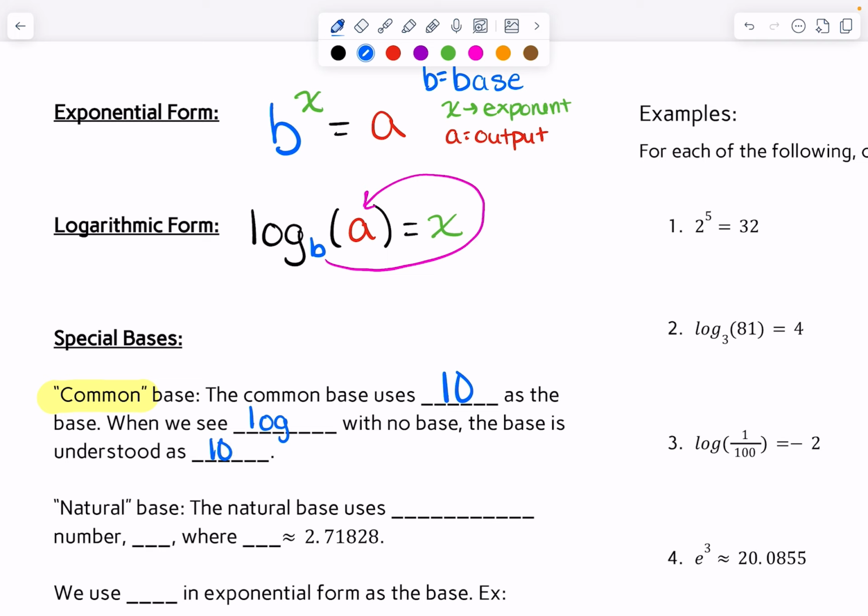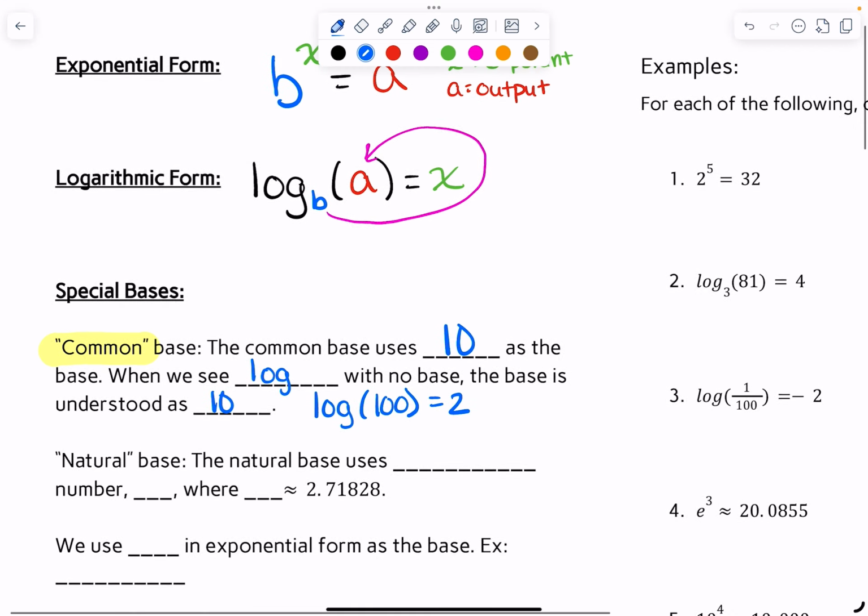So for example, if we were to see just log of 100 equals 2, we understand that as the base being 10.